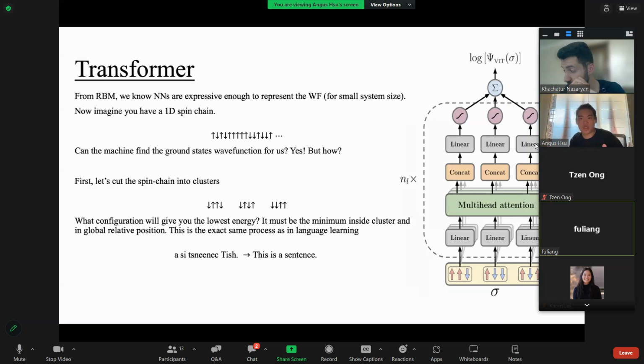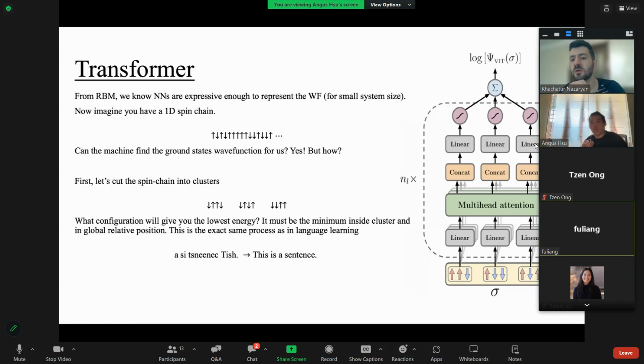You can cut them into 50 clusters, each cluster with only 2 sites. Your QKV values are just 2x2 matrices, and you just need 50 heads of multi-head attention to look at those. So your neural network doesn't grow exponentially. That's the most important reason why you can scale up.